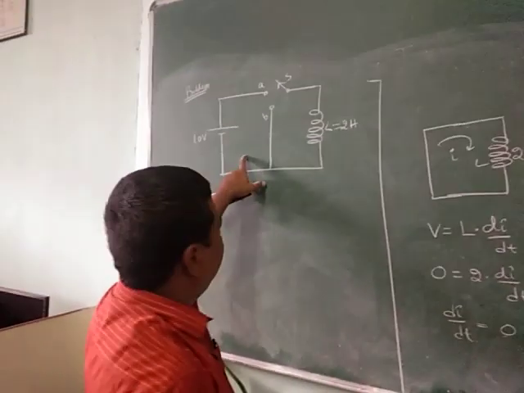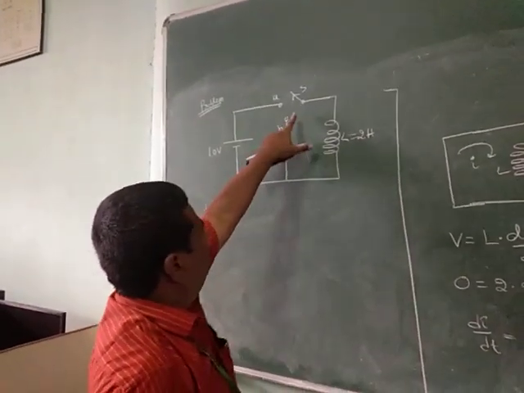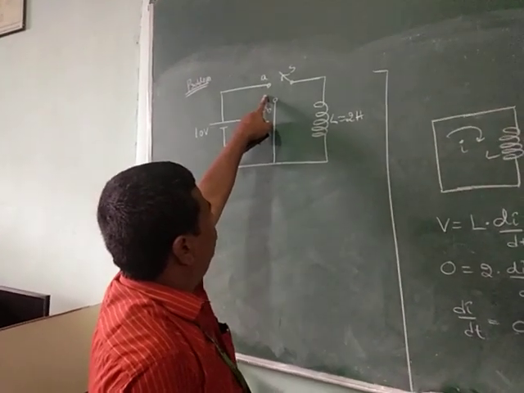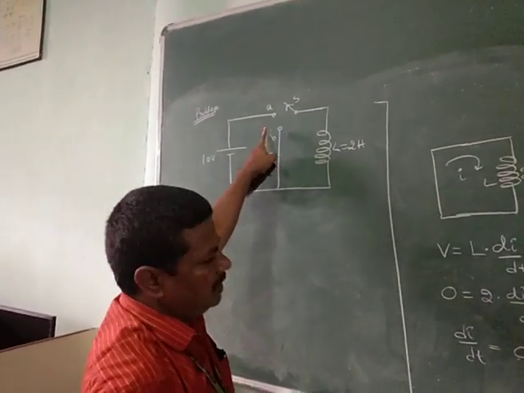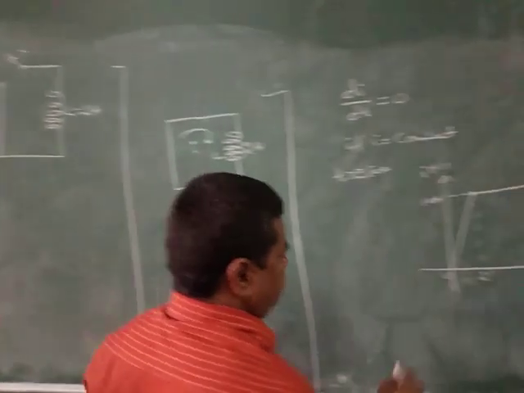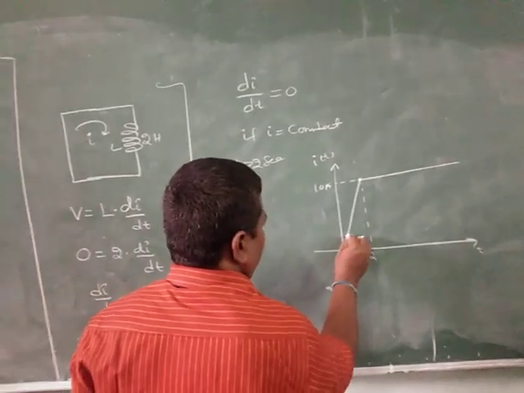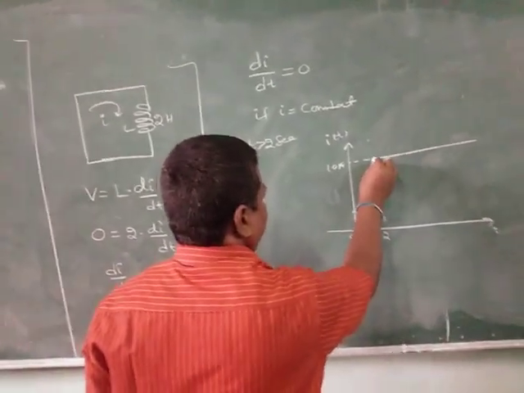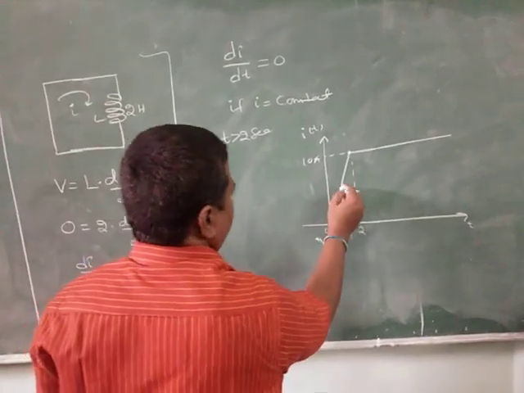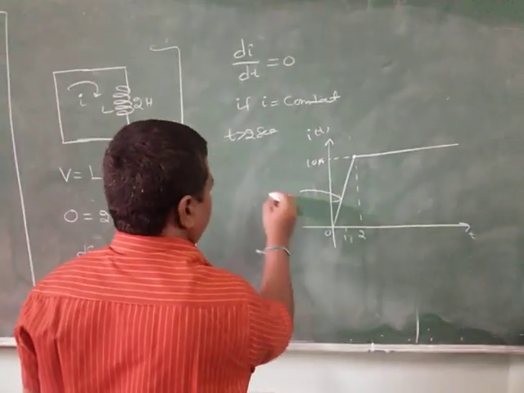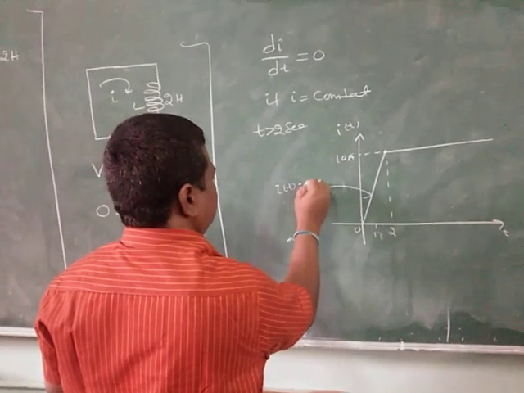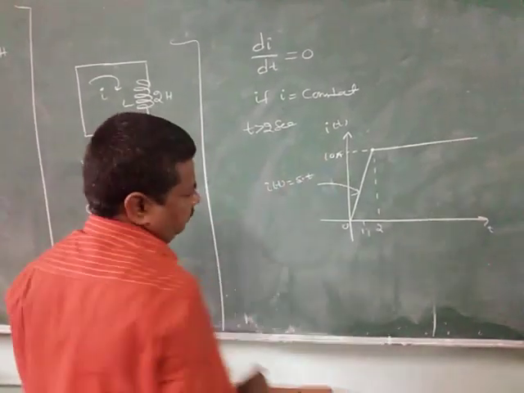Once again, when S is connected to point A, the response of the circuit is that the current increases with respect to time with a scaling factor, and the expression is I of t equal to 5 into t.